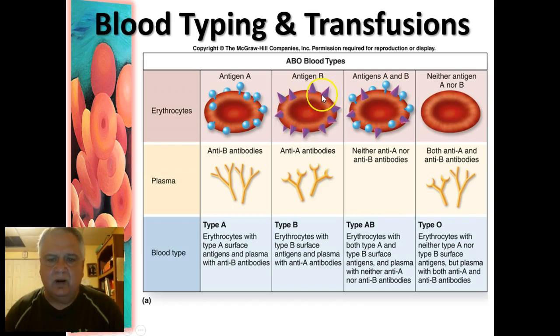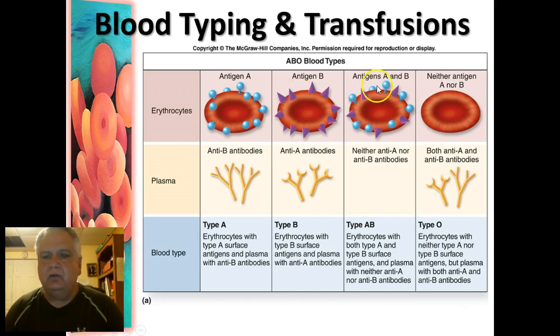That would cause their red blood cells to clump, or agglutinate, and cause clotting or the possibility of clogging the flow of blood through the vessels. So type B blood will have anti-A antibodies. You always have the opposite antibodies as the blood type.